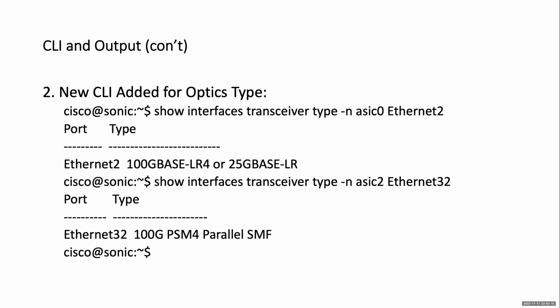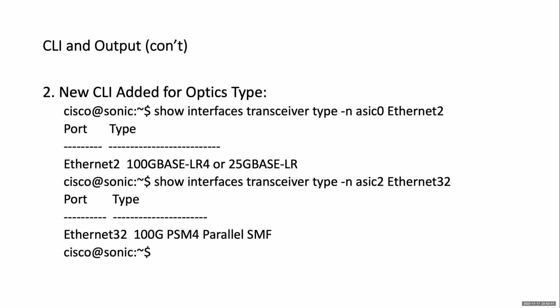I don't have to go through a large amount of output and different steps to grab the information, for 100G, or for 400G whether it's LR or FR. So this CLI reduces the automation work and also simplifies the automation. I think that's all from our presentation. Any questions from the audience?